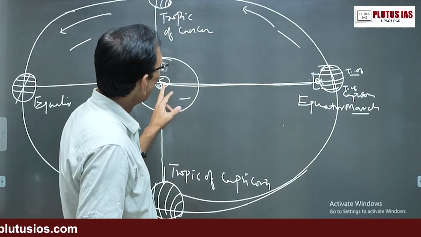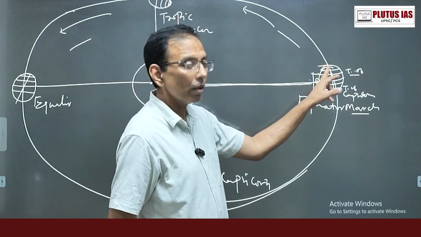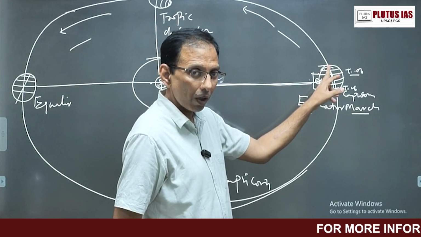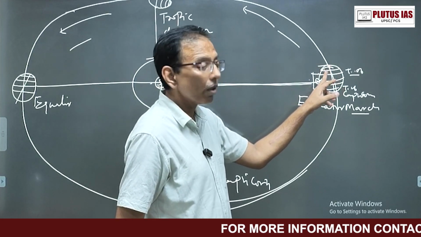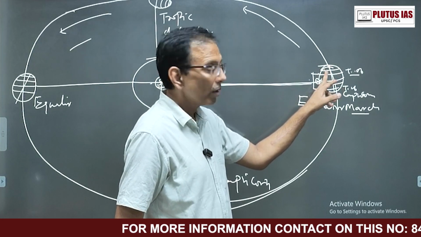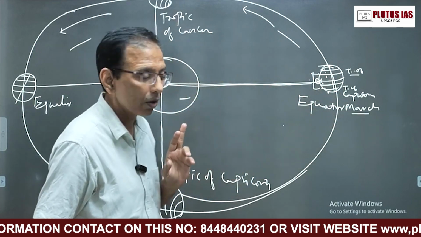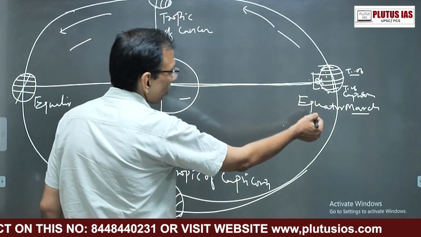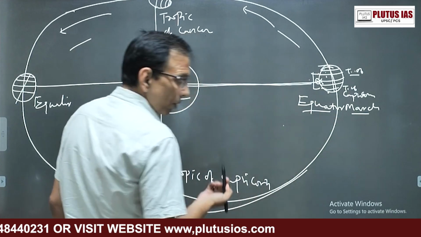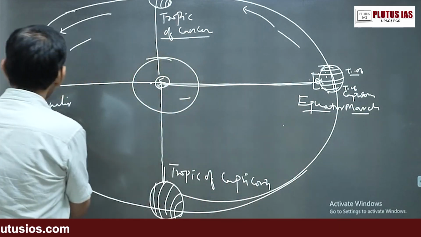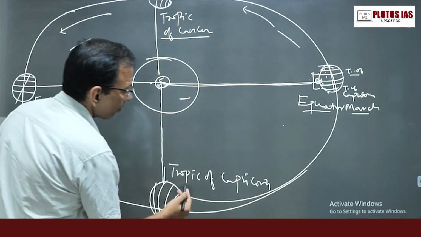So the Sun never appears directly over the polar region of the Earth, nor in the subpolar region, but only between the Tropic of Cancer and Capricorn, right? So here the Sun is directly on the equator, here on the Tropic of Cancer, then on the Tropic of Capricorn.